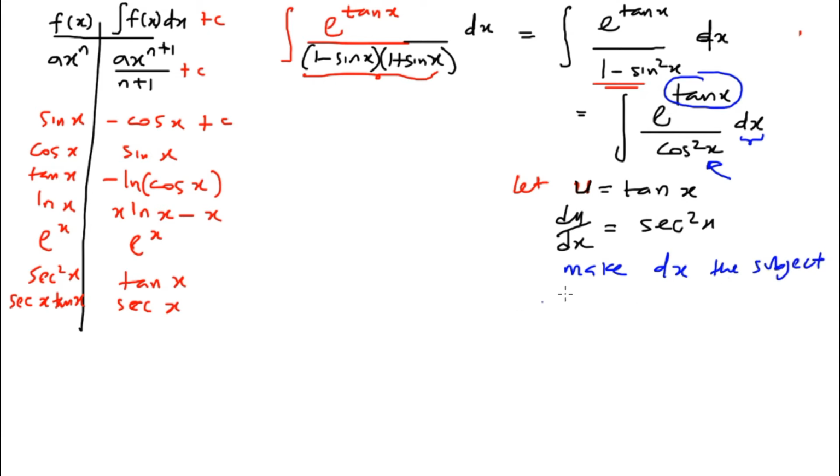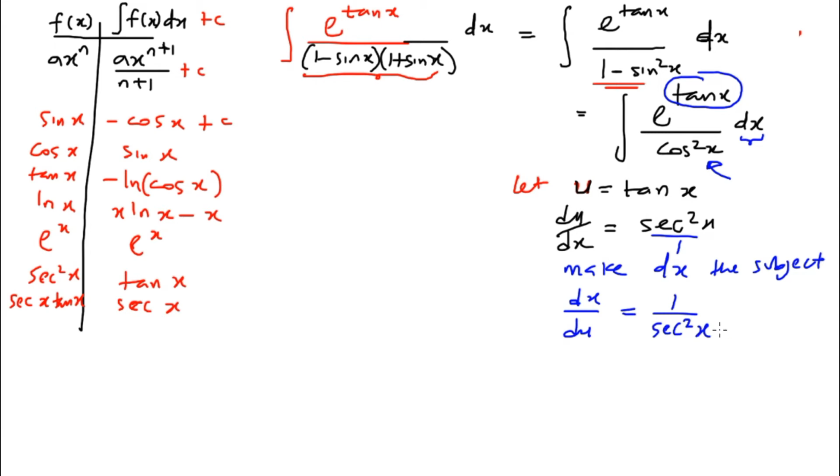Okay, so for me to do that, I can decide to reciprocate both sides, so that I will have dx upon du equal to 1 over what? Cosec, I mean sec squared x.